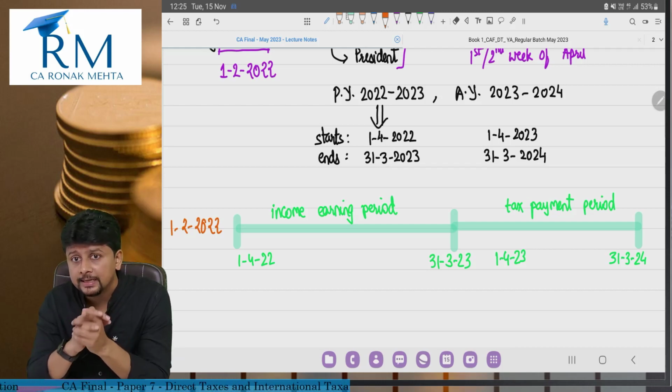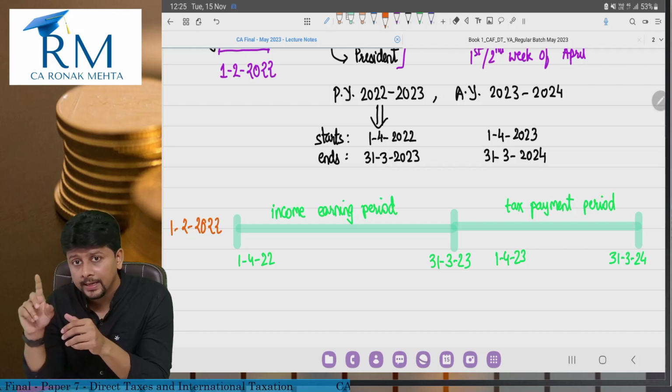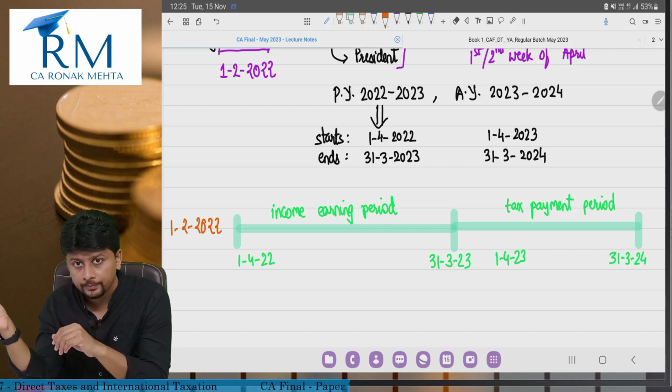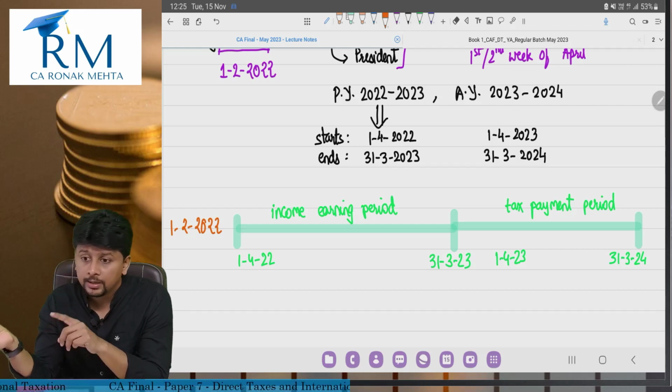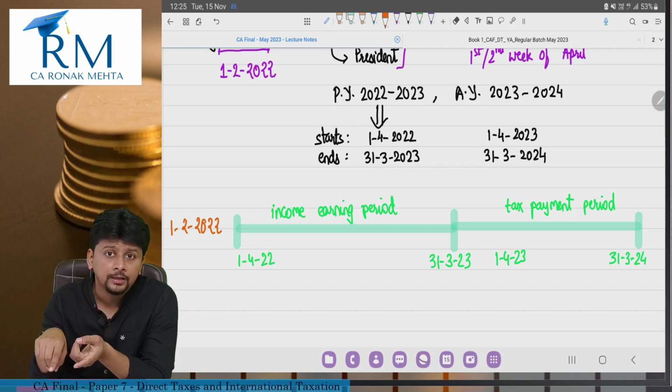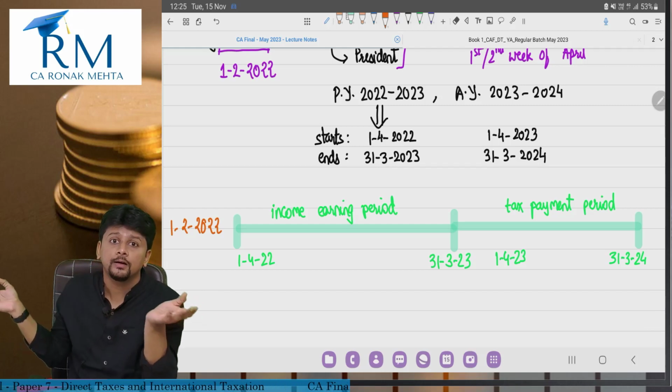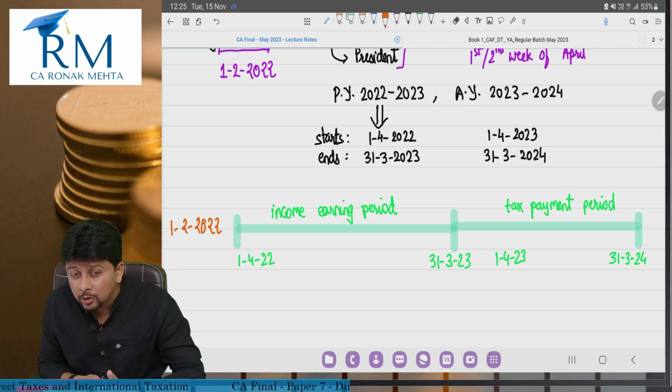The tax that I am going to pay in 23-24 on the income which I am earning in 22-23, I have not even started earning on 1st February 22.